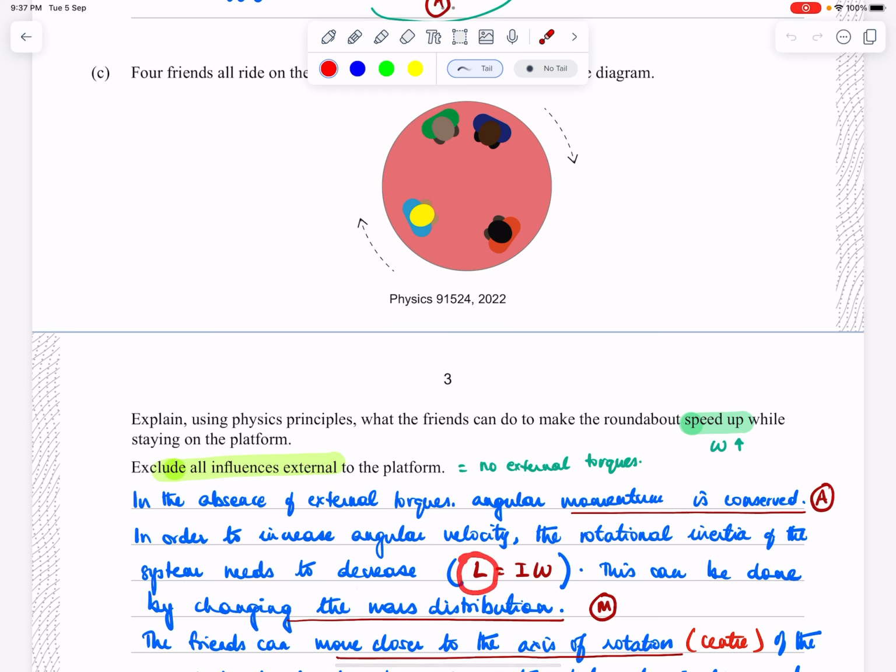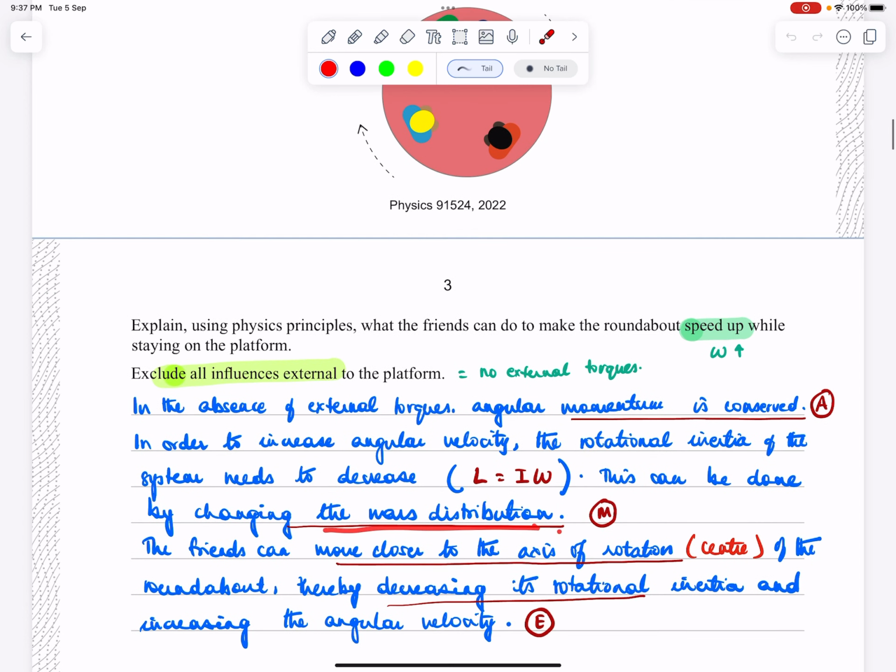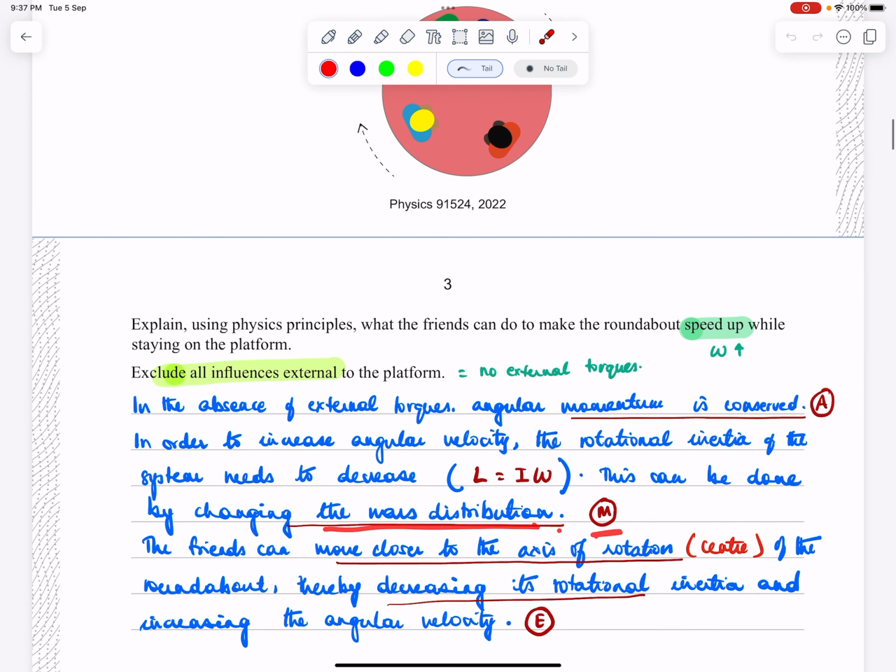Because angular momentum is conserved, and in order for the angular velocity to increase, the rotational inertia needs to come down because the product of these two should be the same. So this can be done by changing the mass distribution. So if you recognize that, that's probably a merit.